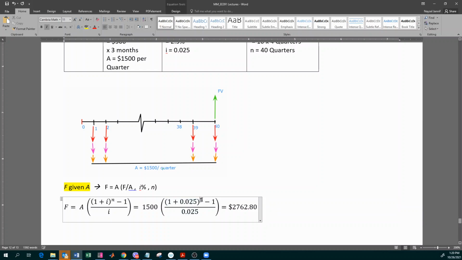And the time frame is how many? This is 40. All right, what do we get? What is your answer?